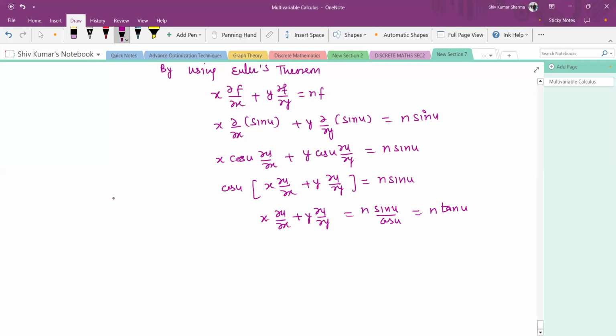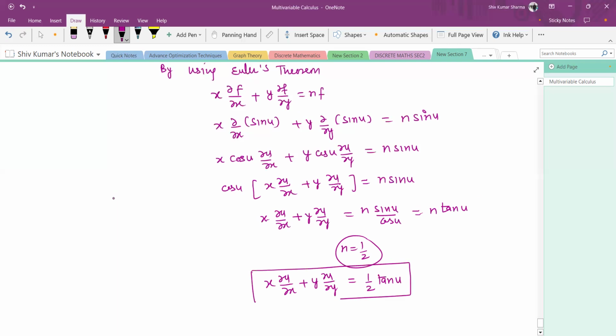What is n here? n = 1/2. We put the value of n, and we see that x ∂u/∂x + y ∂u/∂y = (1/2) tan u. So this is our result.